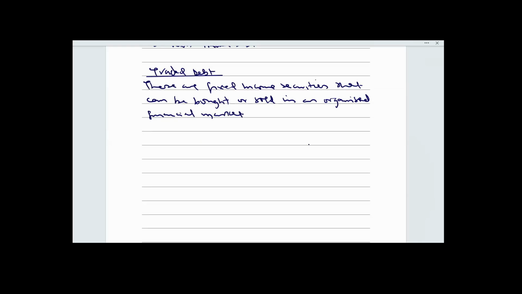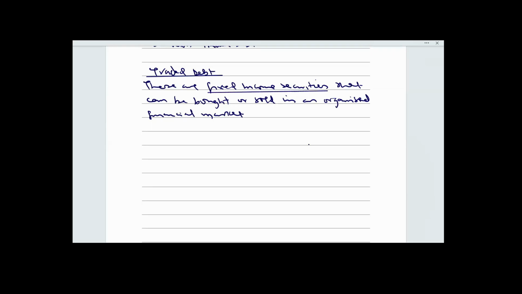You can buy it, you can as well sell it in an organized financial market. It is called fixed income securities because the benefits associated with these securities are fixed in nature.